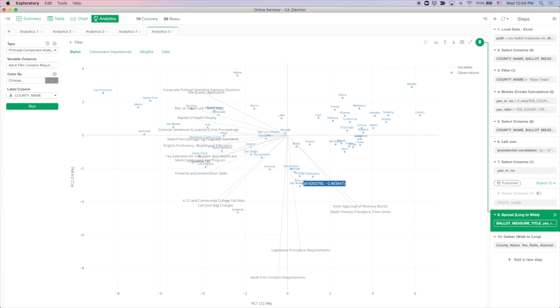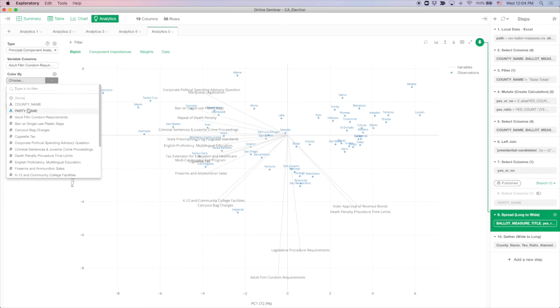On most of the liberal measures, these counties are almost at the zero line, so it's probably a 50-50. But when it comes to the adult film condom or legislative procedure requirements, they are supporting with a higher percentage.